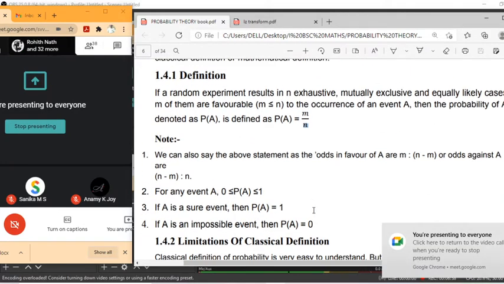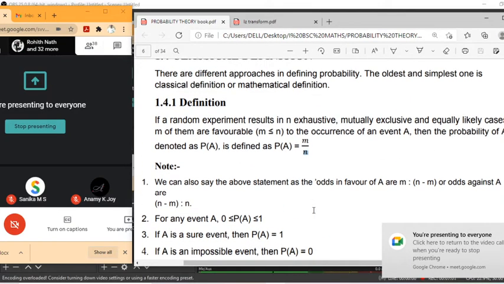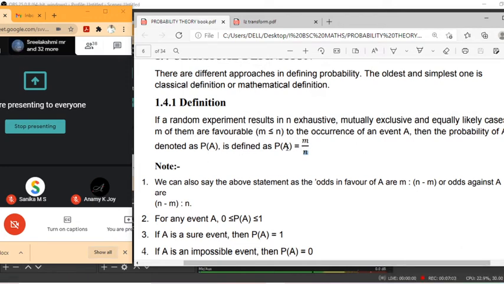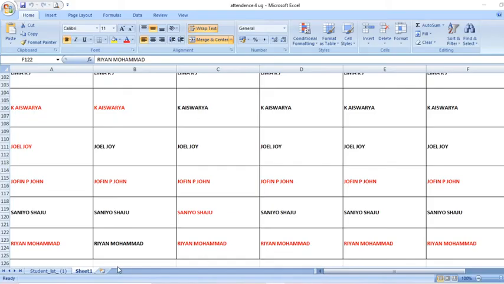What are the possible properties of this assignment? This is the first assignment, P(A) = m/n. Okay. What are the possible values of m by n?